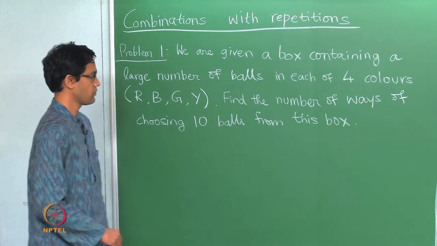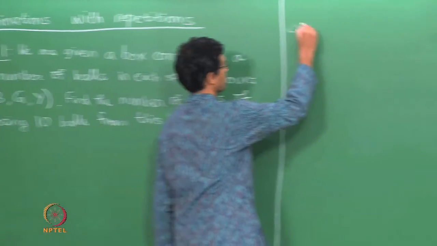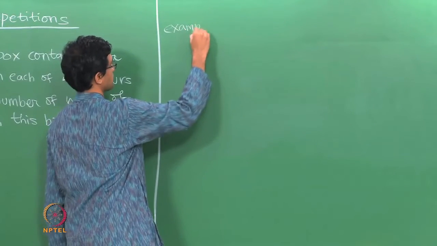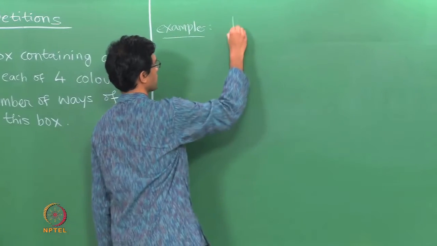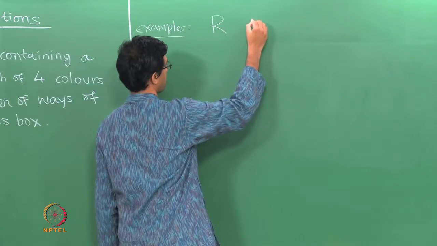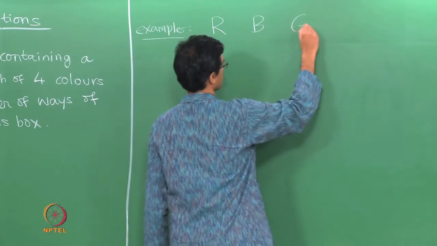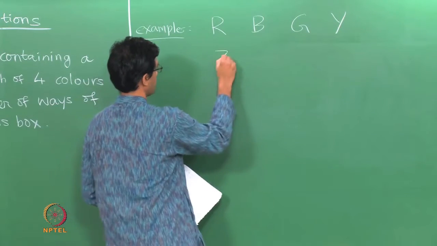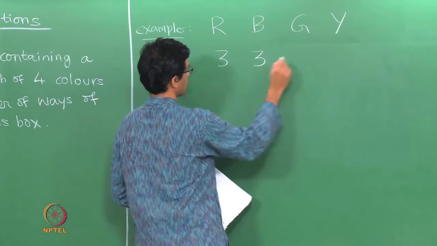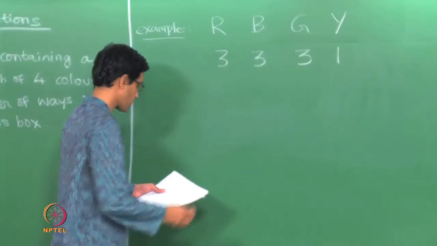Okay. So for instance, let us see what are various examples of choices. So how would we encode a choice? We could keep track of the number of red balls, blue balls, green balls and yellow balls. So for instance, one choice could be, maybe we pick 3 red, 3 blue, 3 green and 1 yellow.